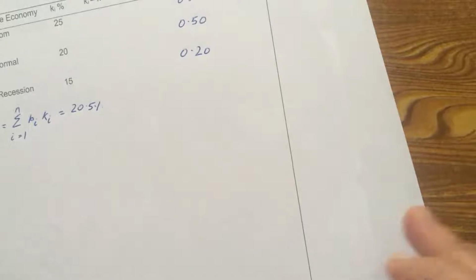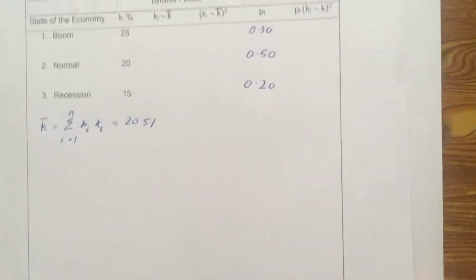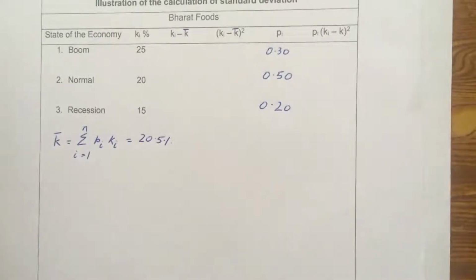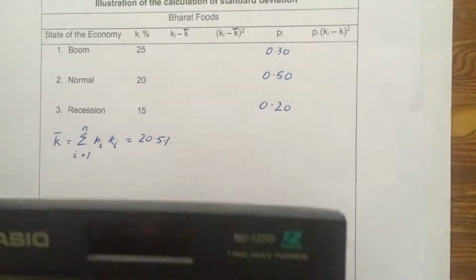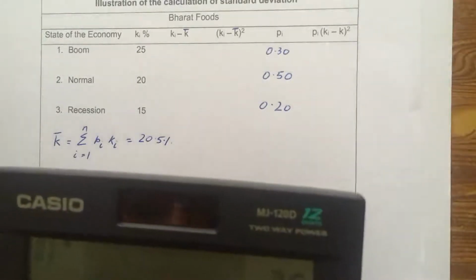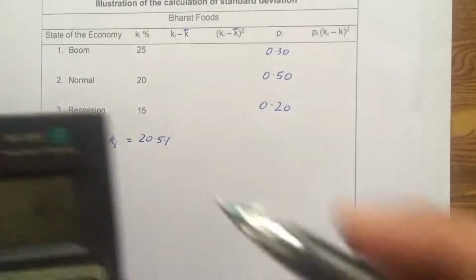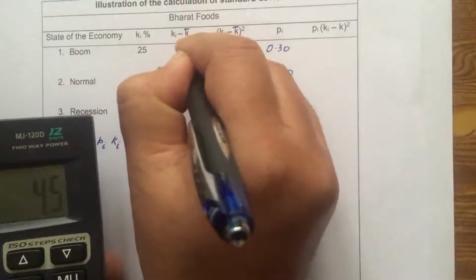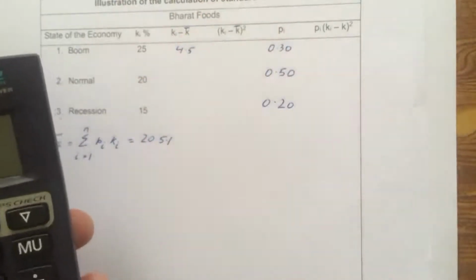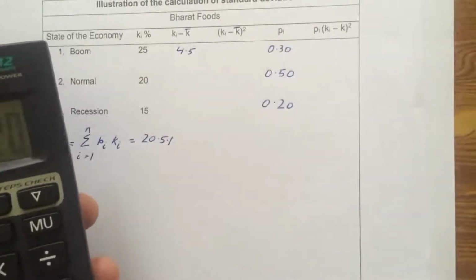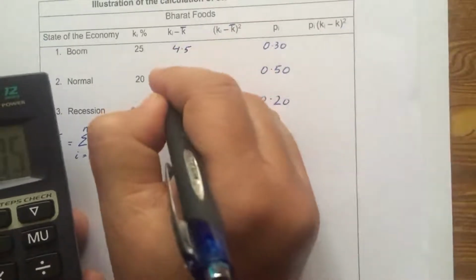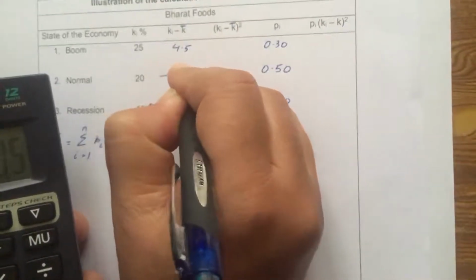Now let's find out Ki minus K bar. So 25 minus 20.5 is equal to 4.5. 20 minus 20.5 is equal to minus 0.5.